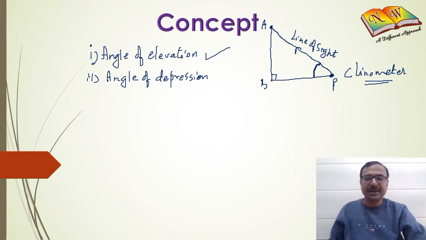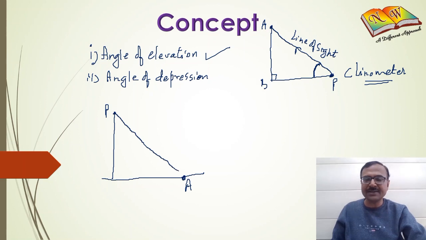On the other hand, if you are on top of some vertical object, like standing on the top of a building at point P, this is the ground level, and you're observing something on the ground at point A. So the line of sight will be like this, and the angle made by this line of sight with the horizontal through P is known as the angle of depression.